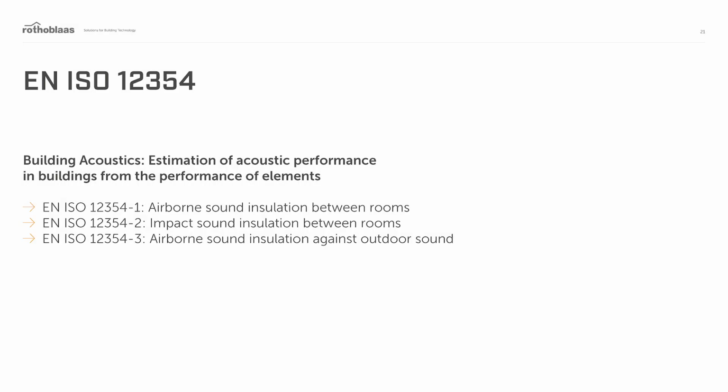The standard used for the design phase is the EN ISO 12354. ISO stands for International Organization for Standardization, while EN stands for European Standard. This slide shows 3 different parts of the standard that must be respected in building acoustics.